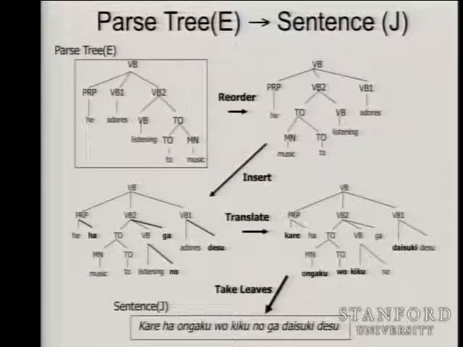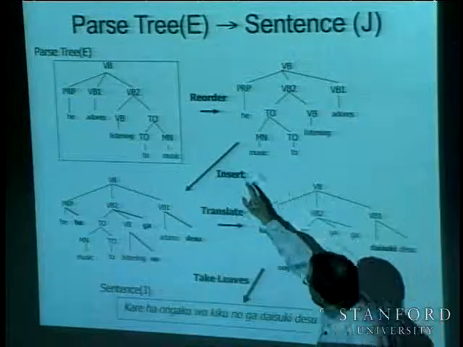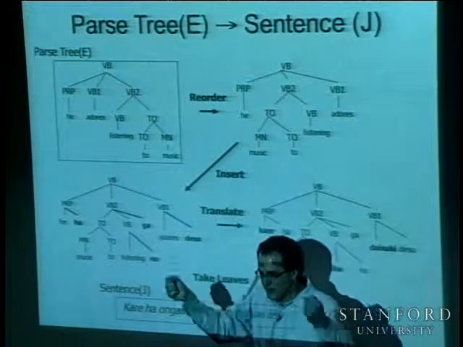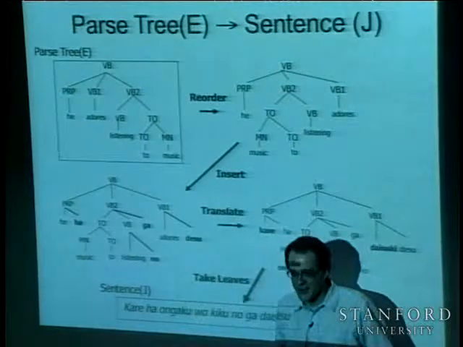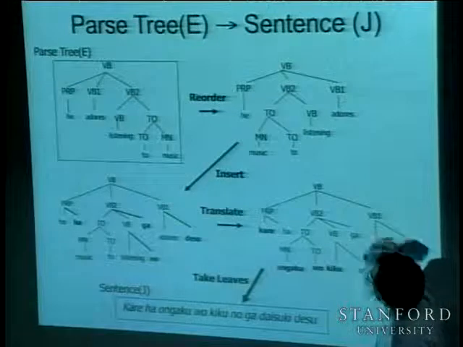The channel model starts with an English sentence, and then it does a sequence of operations that changes things around. The first part of it is to treat this tree like a mobile that you can change around the parts of. So at each level, you're allowed to do reordering operations.